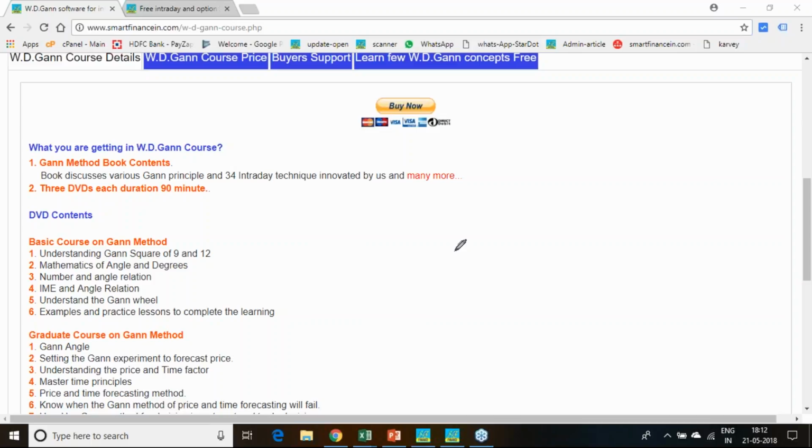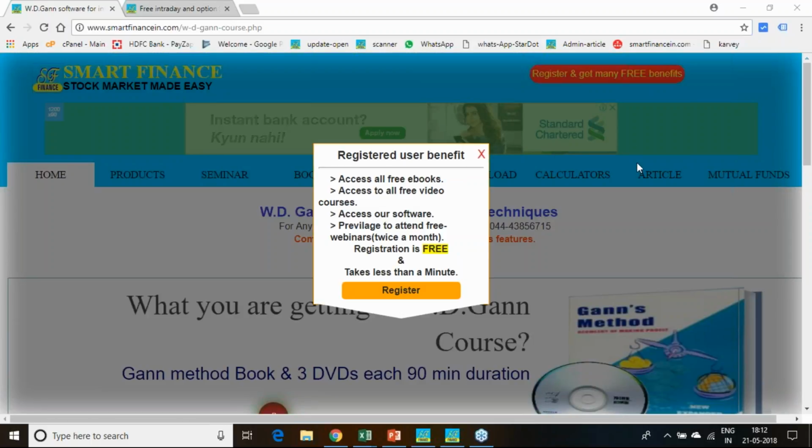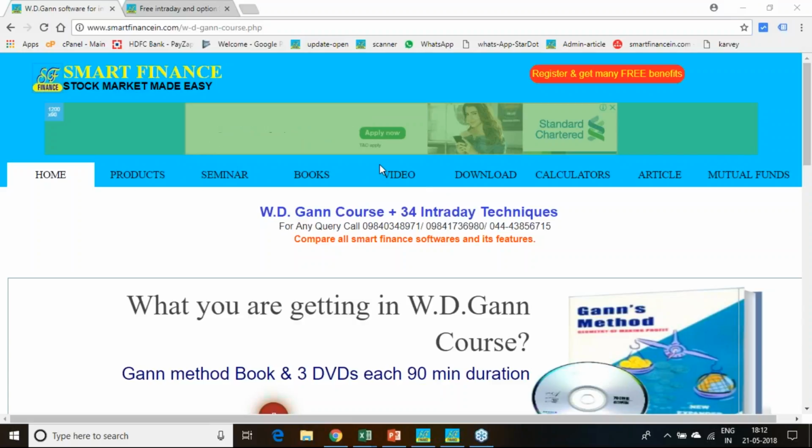Though W.D. Gann predicted specific things, specific trades, and demonstrated them, those methods are gone with him. They have not been documented in any of his literature. Whatever literature he left behind, and whatever literature the world is now popularizing, has nothing to say about those Gann concepts.